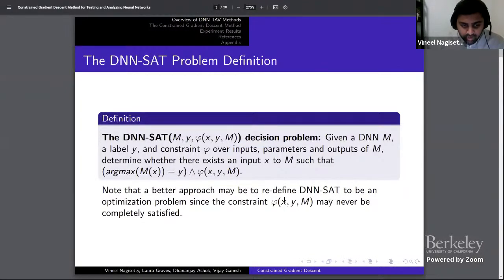So we wanted to start off with a general definition of a problem that all of these DNN TAV tools are designed to solve. We call this the DNN SAT problem.